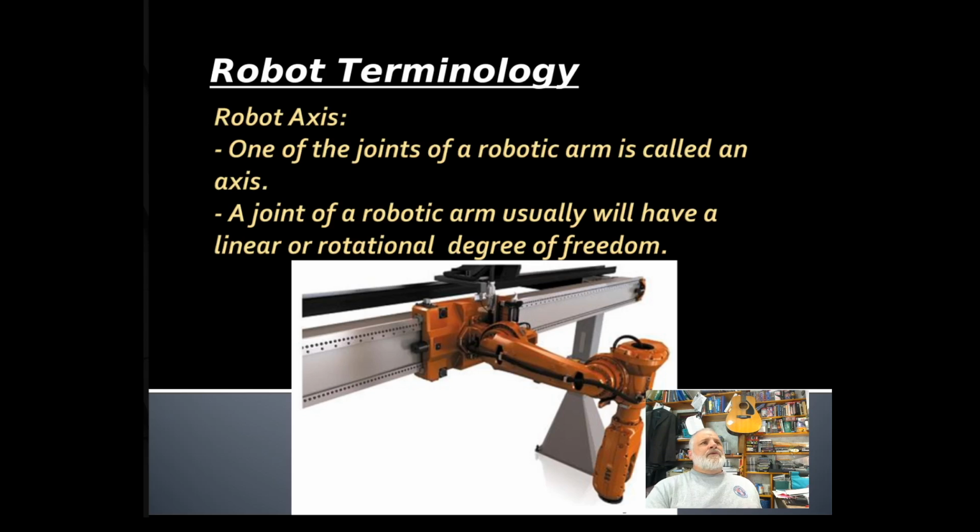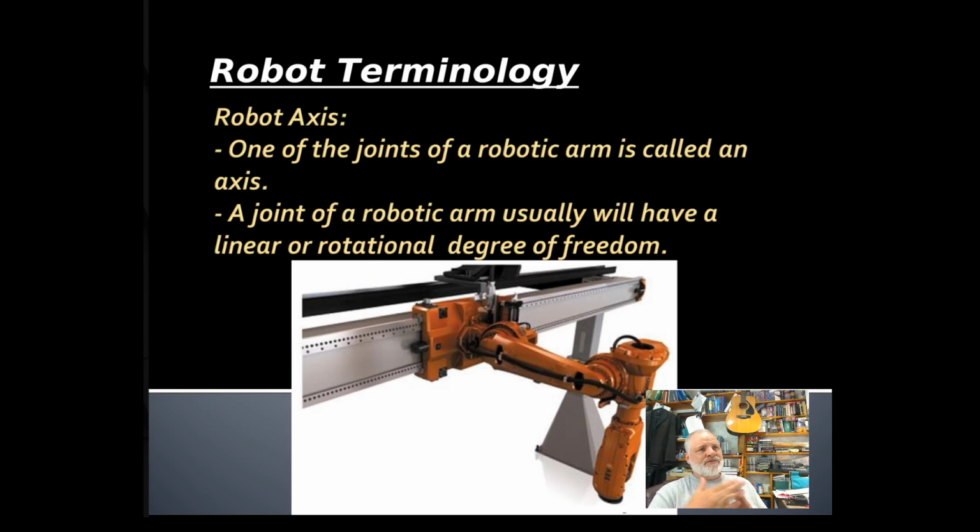All right, so when we talk about the axes of the robot, these can be either rotational or linear. So the robots we've looked at before, they all had rotational axes, but this particular robot actually has the first axis, which is the one that's mounted to a fixed position that's not going to move, as a linear axis.